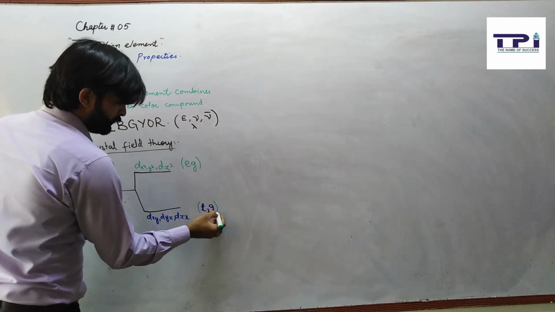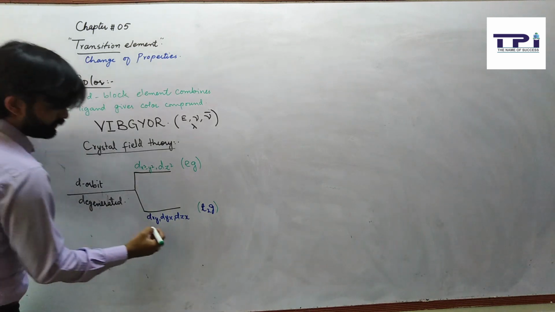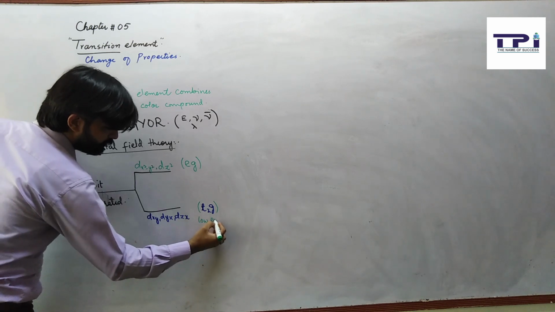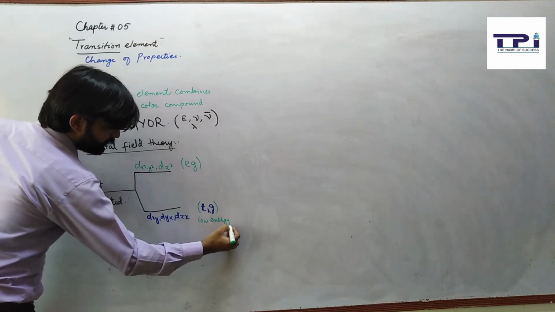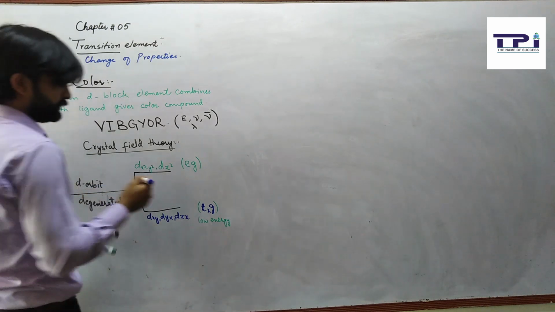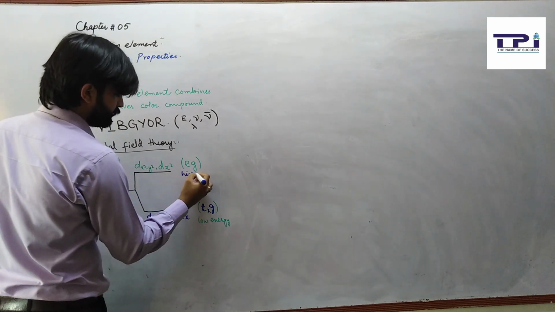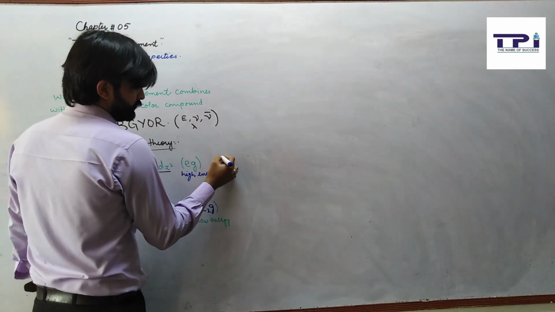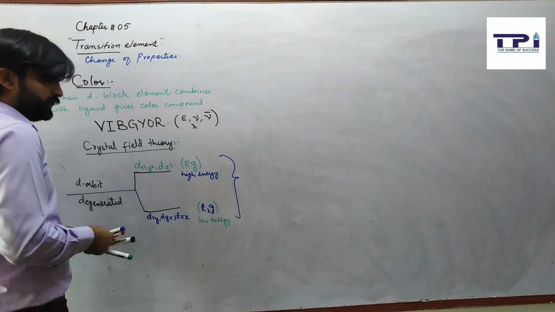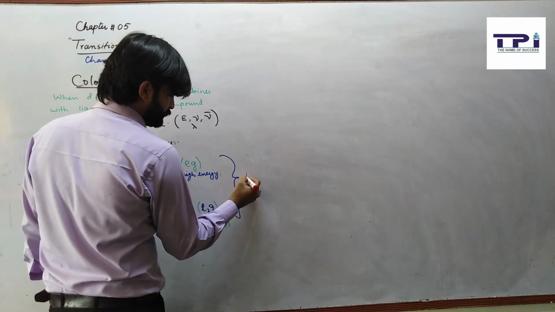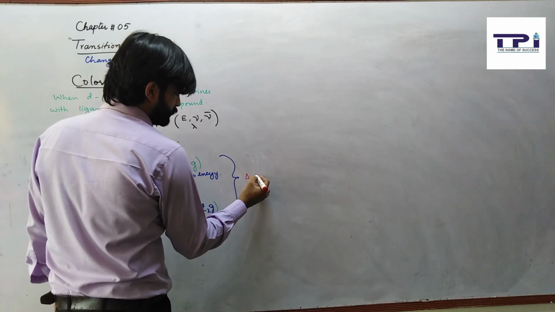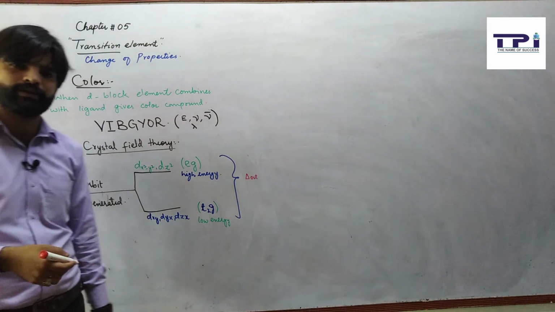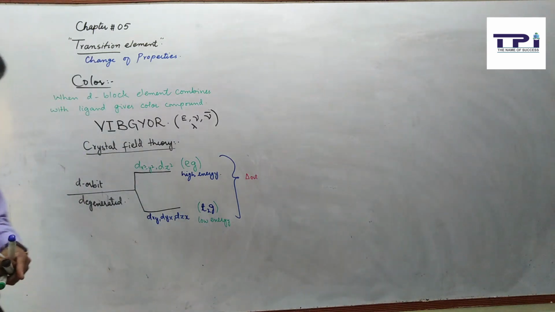Right? They are known as low energy and high energy degenerate orbits, and the energy difference is represented as del oct, because usually D block elements give octahedral structure.